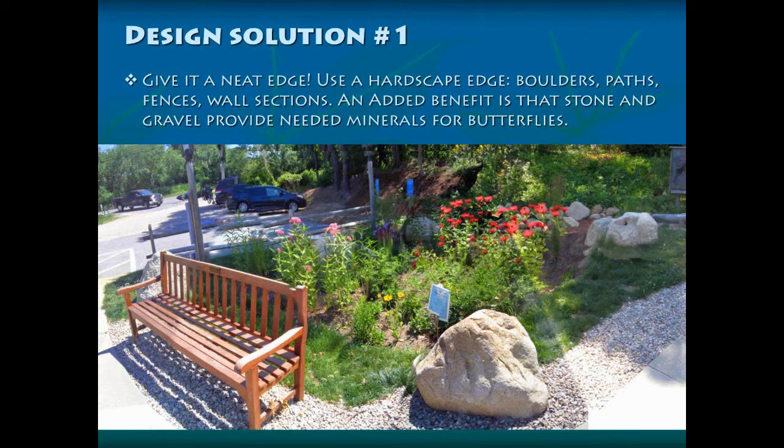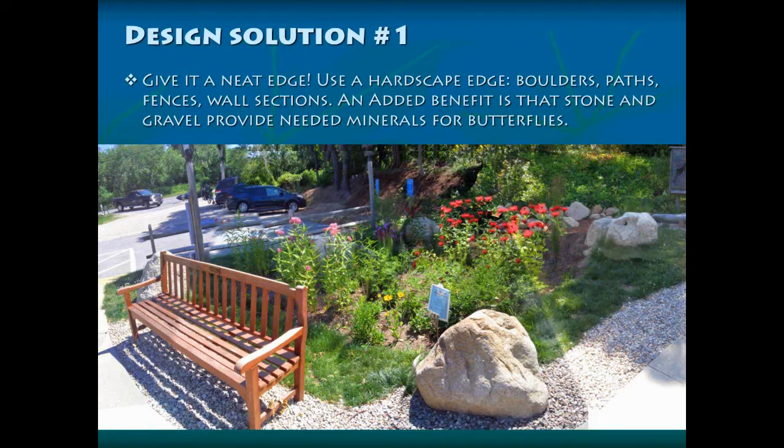So let's look at some solutions to that messiness problem. And I think the biggest one is to give your native plant garden a neat edge. It could be a very, very crisp, almost rectilinear edge if needed.